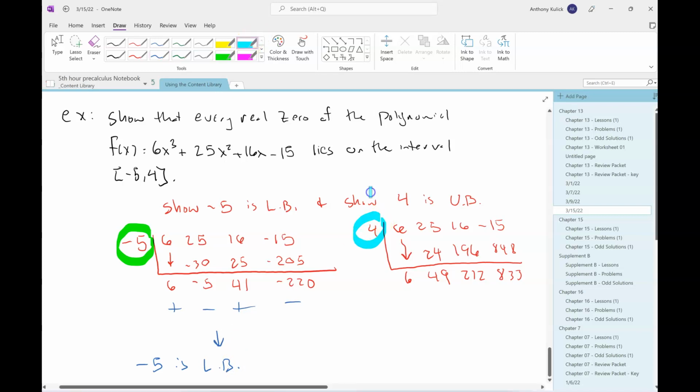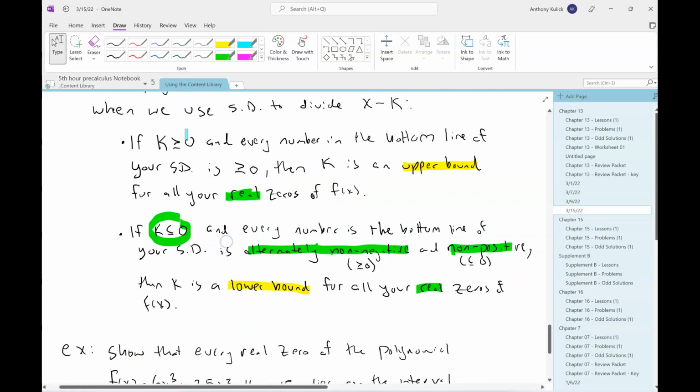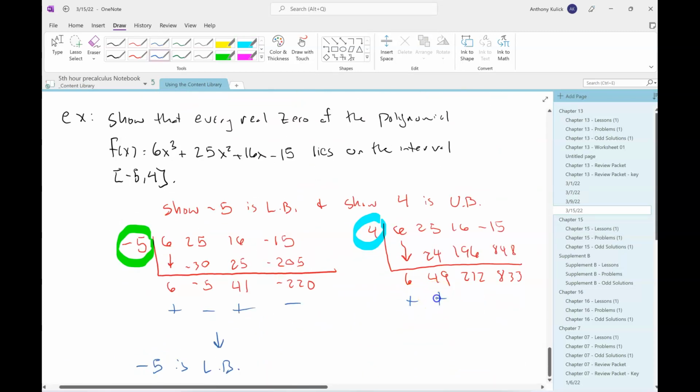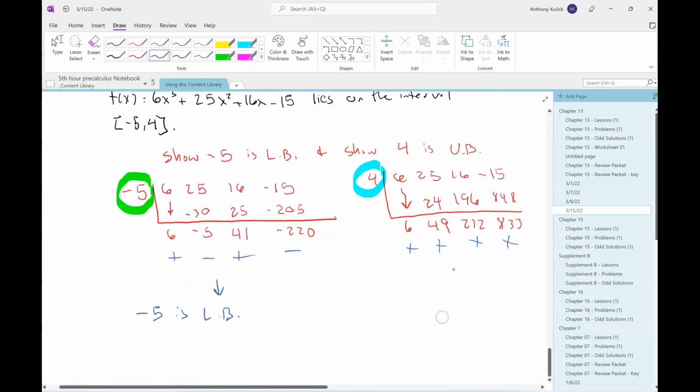On this one, we have our k is positive. So we need that all of them are positive in my lower line. Positive, positive, positive. So I can conclude that 4 is an upper bound.